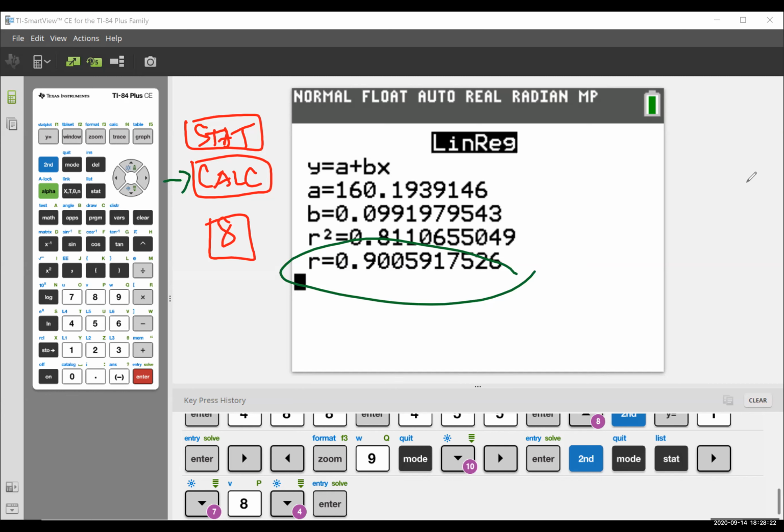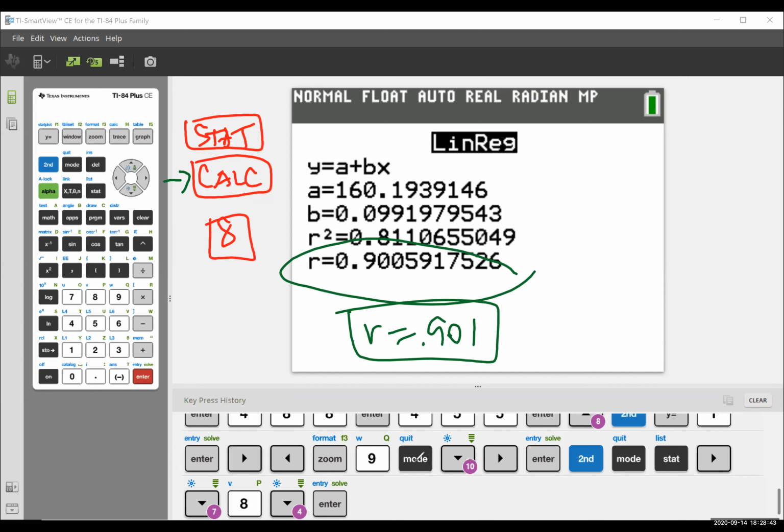Let's say 3 decimals. With 3 decimals, 0.5 rounds off. So that's why it's 0.901. See? So enter the data, then stat calc 8, and you will see the answer. That is without using the formulas.